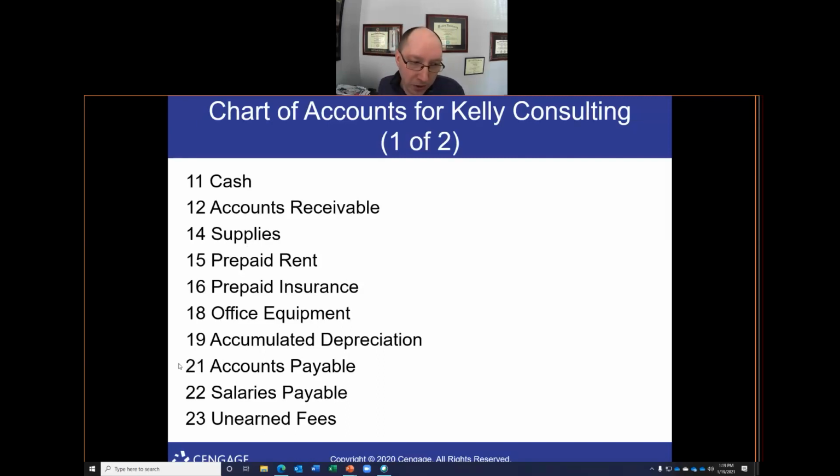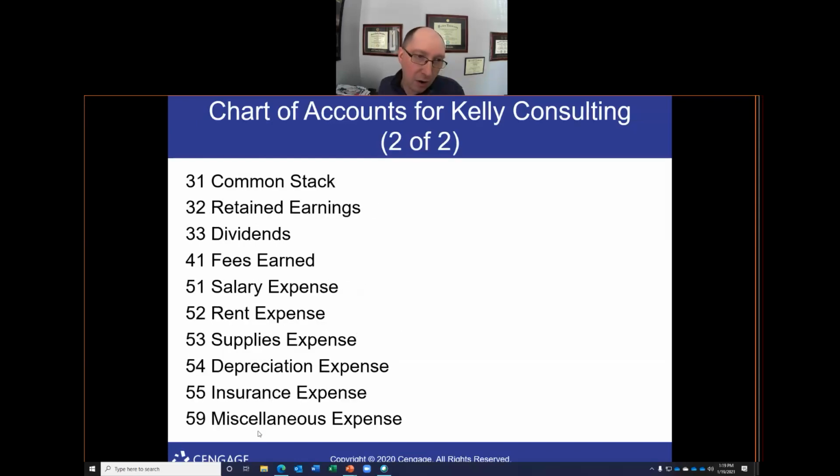Next is liabilities, which start with a 2: accounts payable, salaries payable, unearned fees. Those are my liabilities. With 3, we have our equity accounts. That should say common stock, not stack. Oh boy. Sometimes the textbook doesn't know how to spell, right? Retained earnings, dividends. Number 4, those are our revenue accounts.